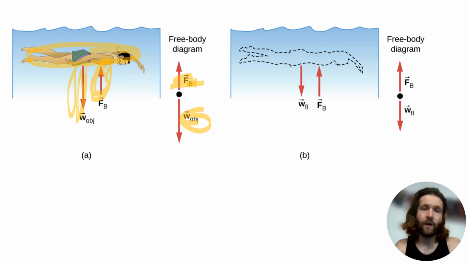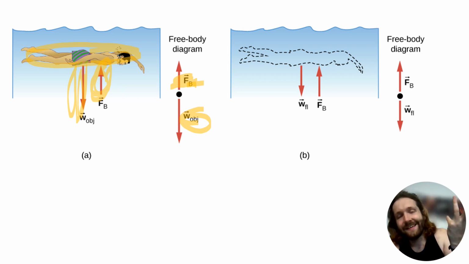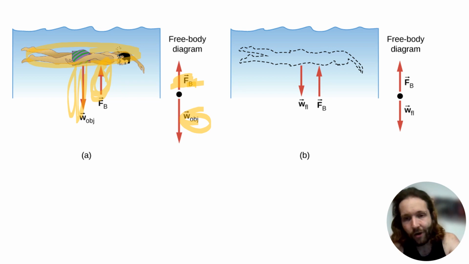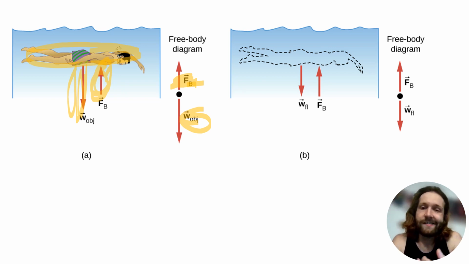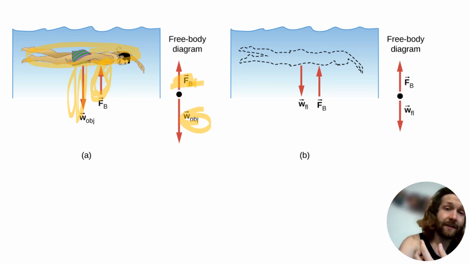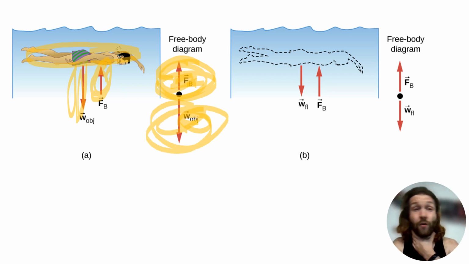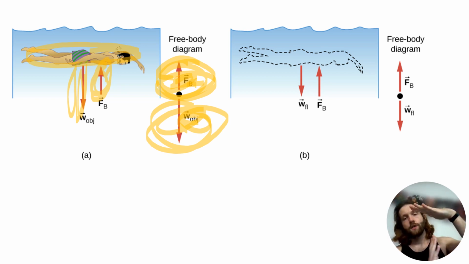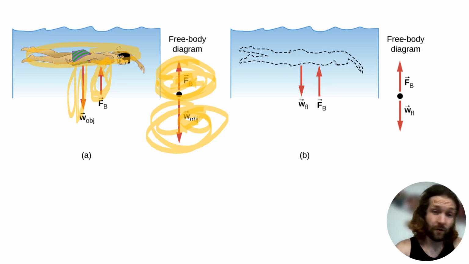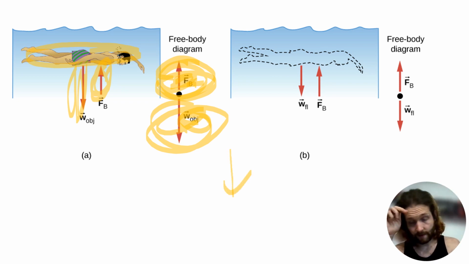Now, of course, his volume in water is of a much lower weight than him, so we can see on the free body diagram I've got a smaller buoyant force than I do for his weight. So if we're just thinking about the buoyancy there and his weight, there's going to be an overall resultant force in the down direction, and he's going to sink, right?